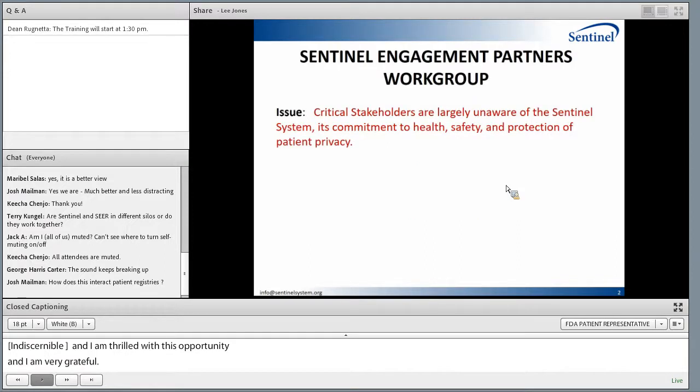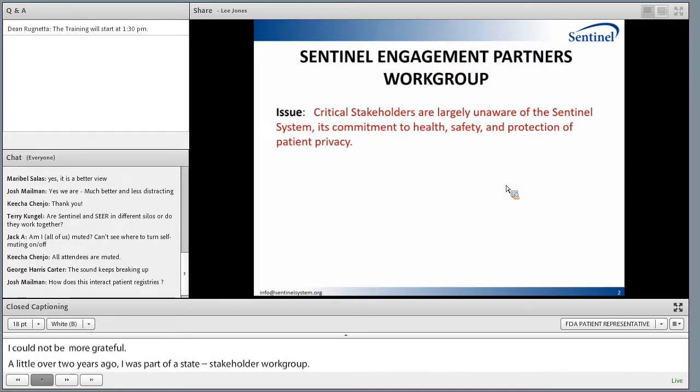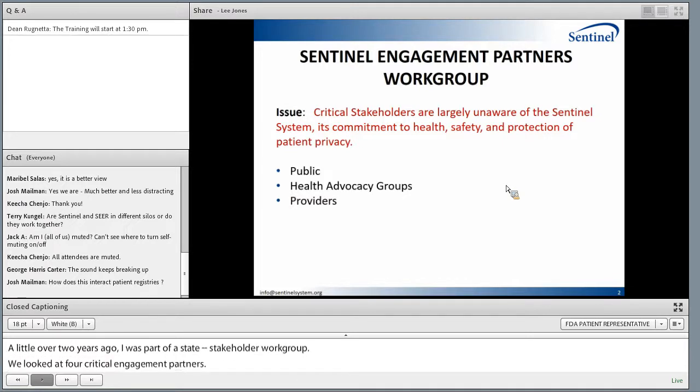A little over 2 years ago, a multi-stakeholder work group was formed to raise awareness among 4 critically important engagement partners: the public, health advocacy groups, including patient advocacy groups, providers, and health plan members.